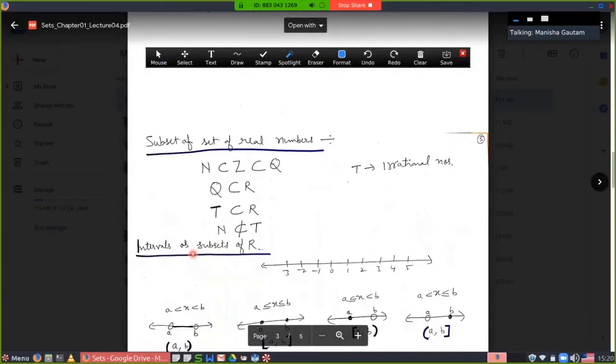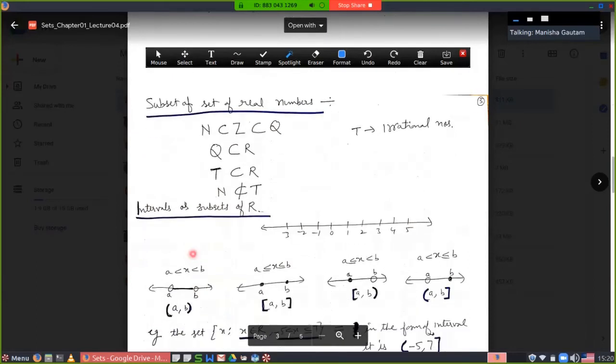Now subsets theory on number system. Subsets of the set of real numbers. I have told you N is natural numbers, Z is integers, Q is rational numbers, R is real numbers, and T represents irrational numbers. Now you can observe here, each and every natural number belongs to the integer set.